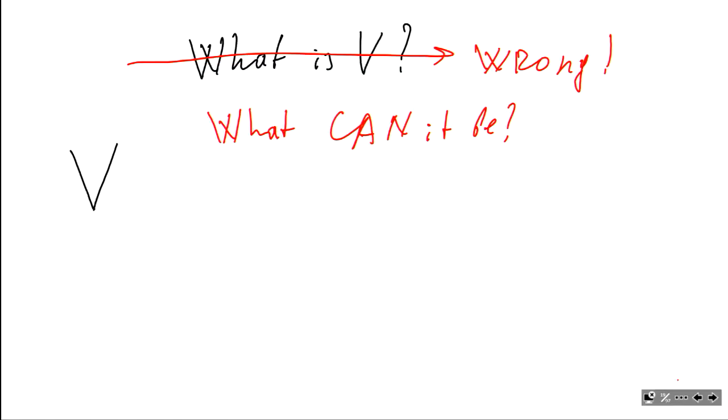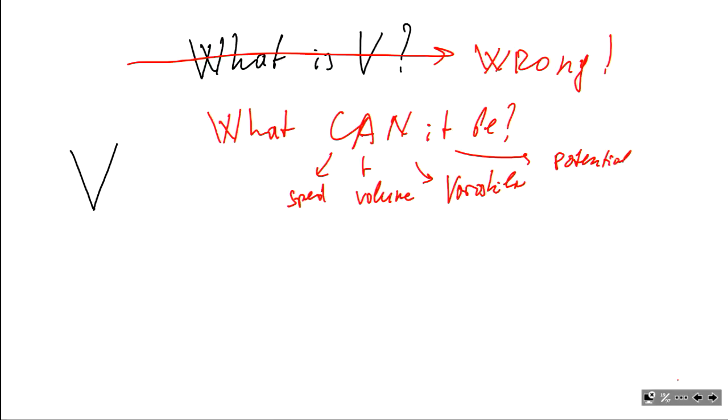And then we have several choices: speed, volume, Voroshilov, potential. And then, depending on the situation, you have to make the right choice.